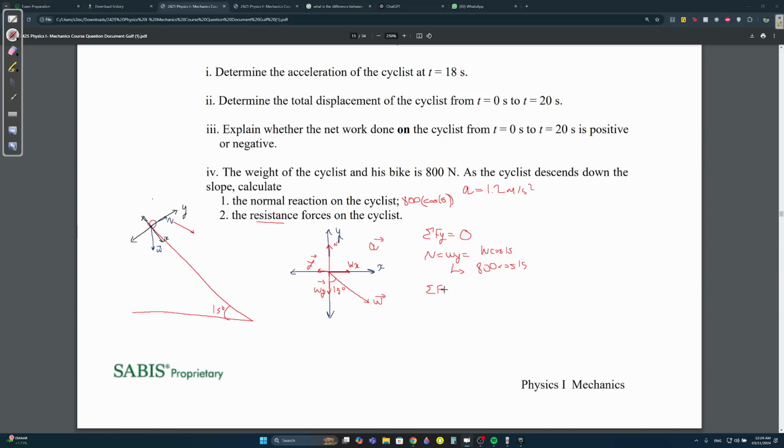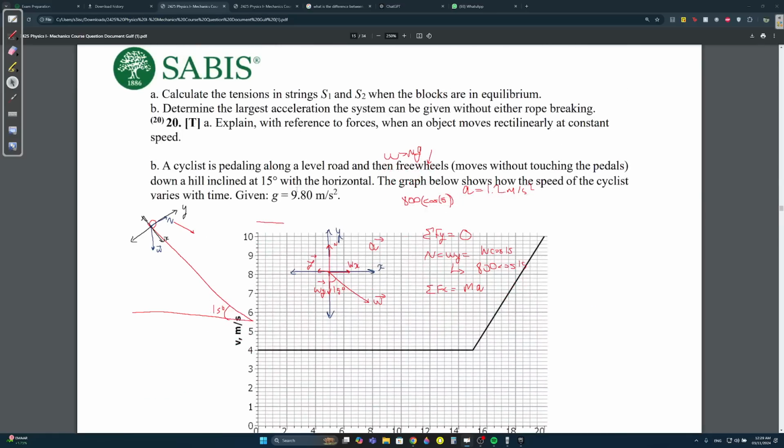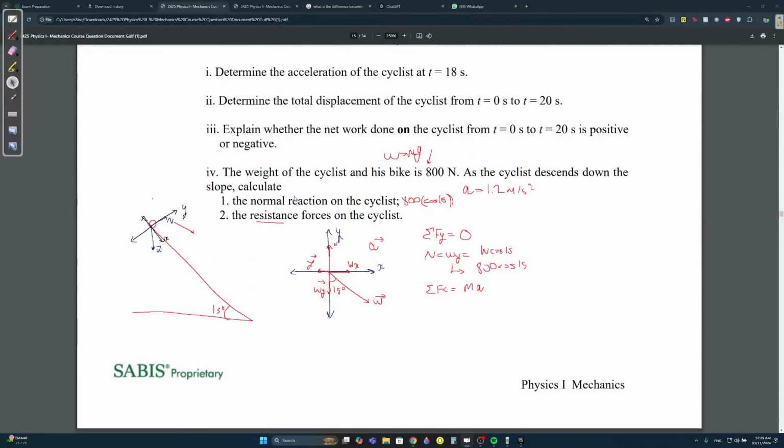Sigma Fx, now we're accelerating. So mass times acceleration. Here, we need the mass. We have the weight. We know W is equal to mg. I'm pretty sure they said that g is 10. Oh no, they use 9.8. So I can find the mass by dividing W by g.